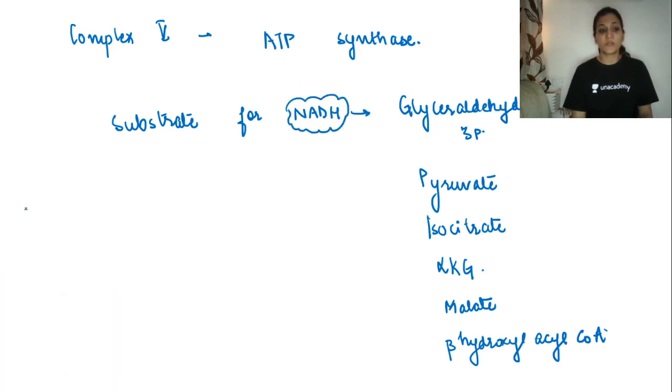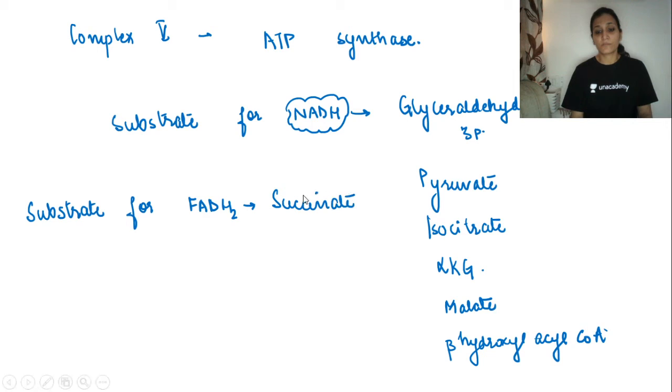So the substrates for FADH2 will be succinate, fatty acyl CoA, then mitochondrial glycerol 3-phosphate.